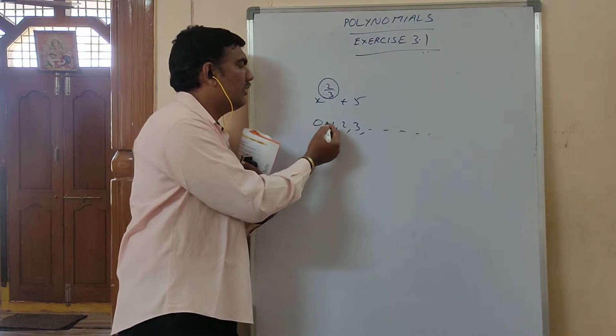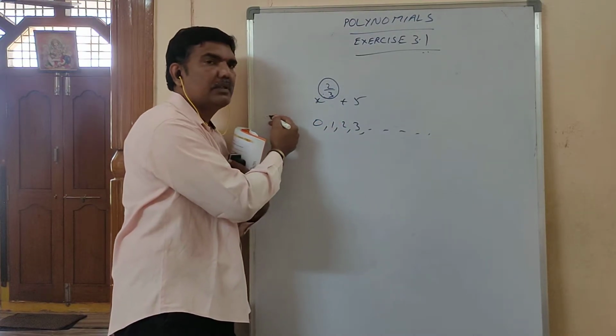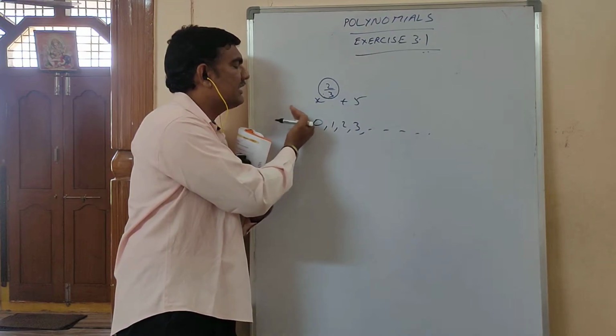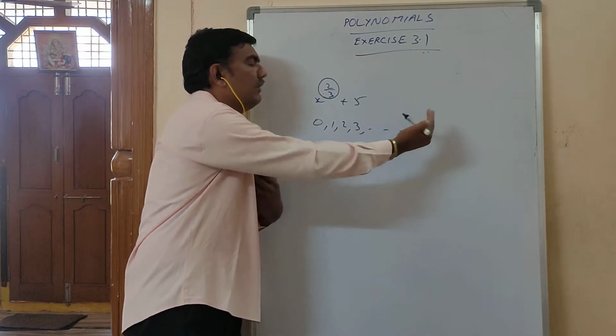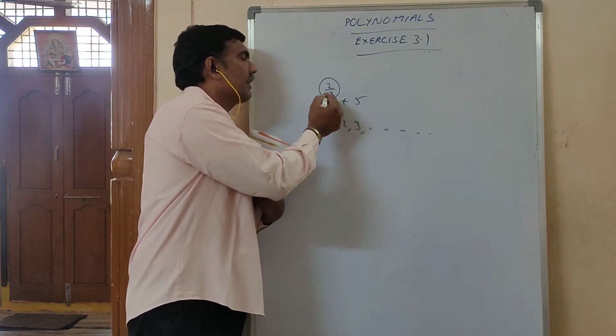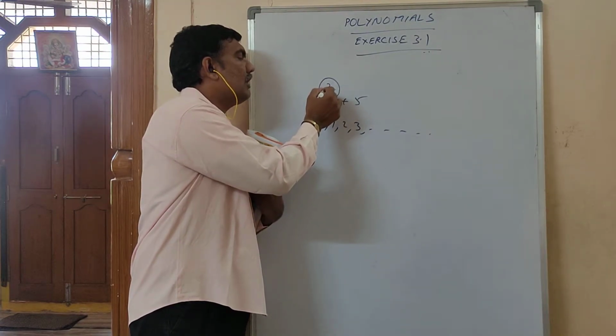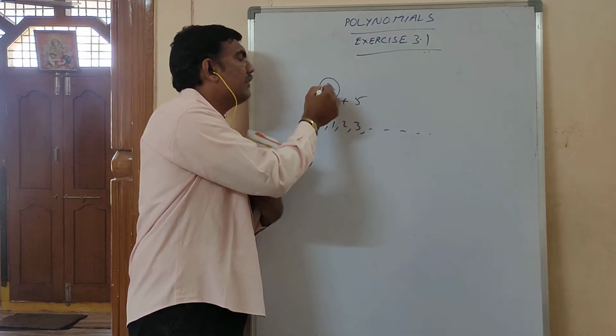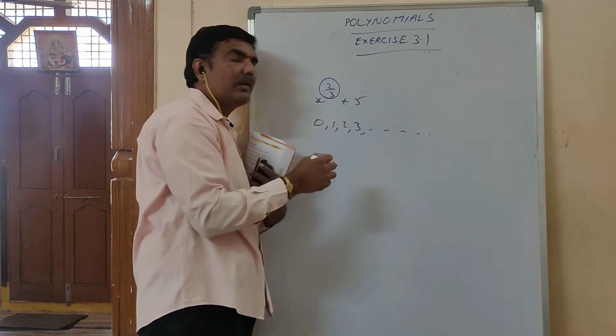Integers means 0, positive numbers and negative numbers. Negative numbers should not be there. It means from 0 to infinity. So being x power 2 by 3, the power of x is not a non-negative integer, so it is not a polynomial.